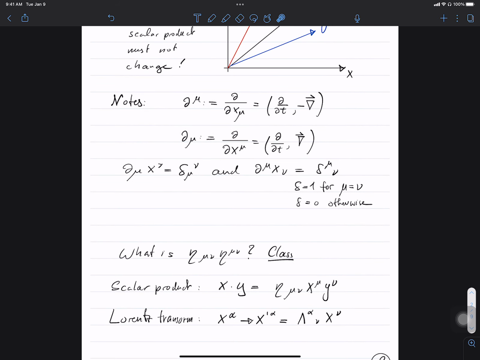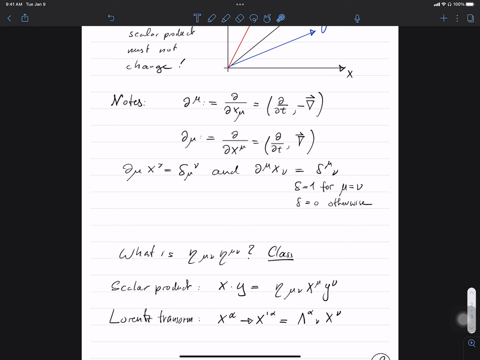Now, as a note on the notation of vectors here, we can take a derivative with respect to a 4-vector, and the derivative with respect to a contravariant vector with a raised index corresponds to a covariant derivative with a lower index.